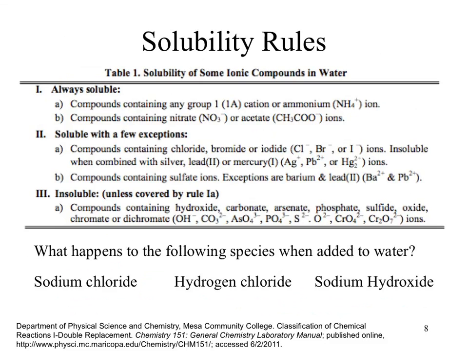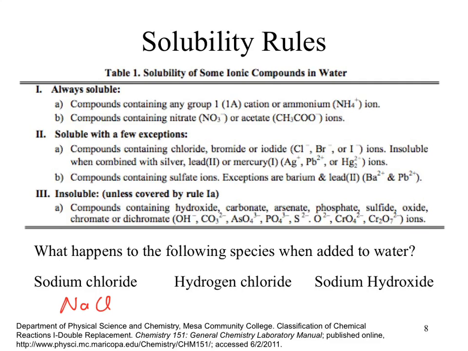Okay? So what happens when we add the following species into water? We're going to draw out a balanced equation. What does sodium chloride look like? We get NaCl. Okay? And we could look at breaking this down a couple different ways.